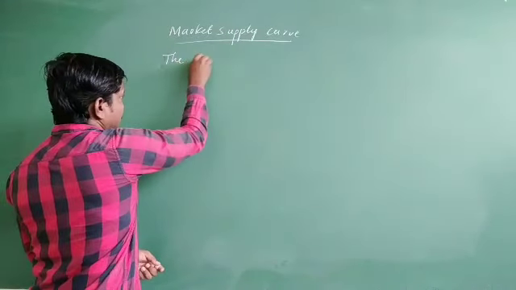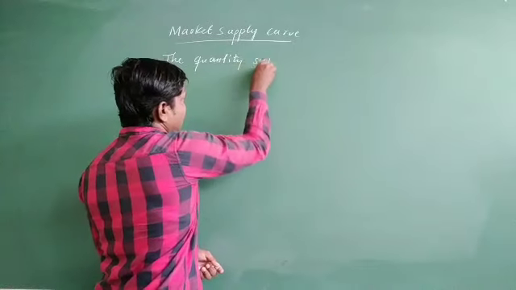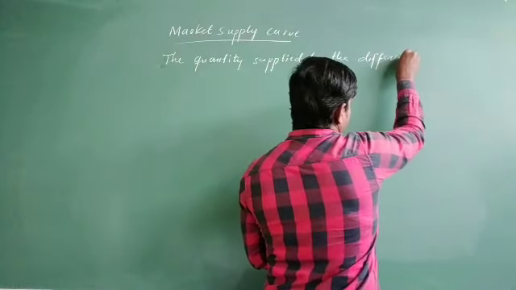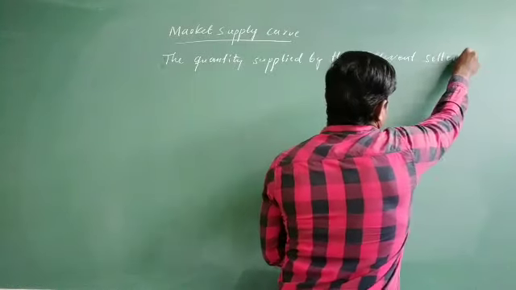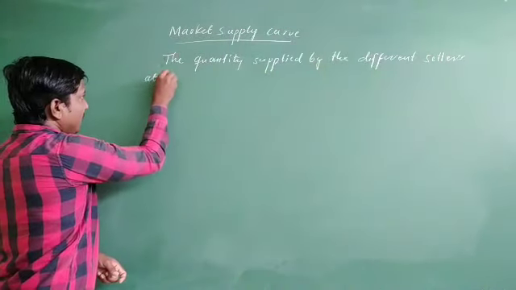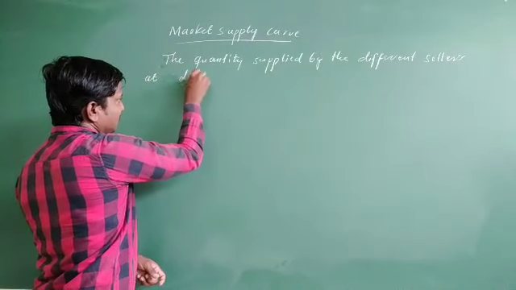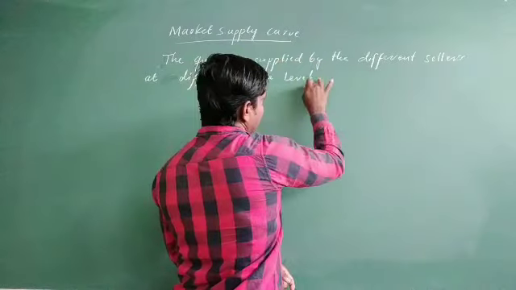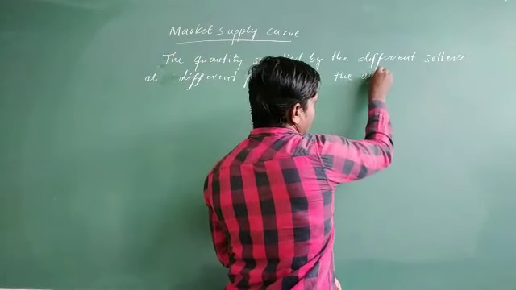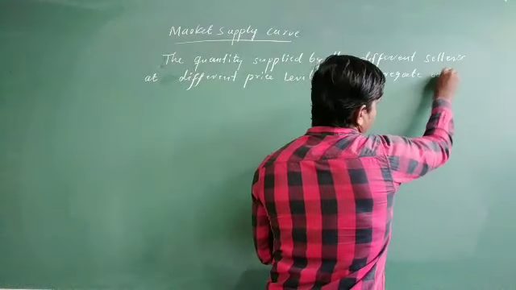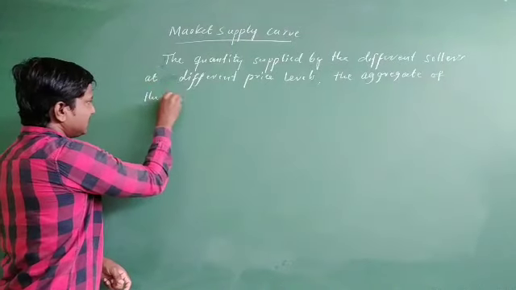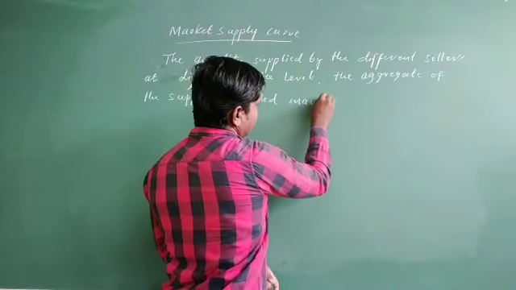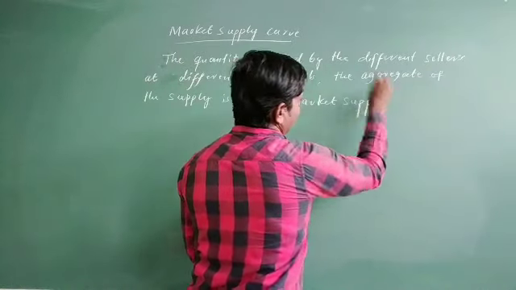the quantity supplied by the different sellers at different price levels, the aggregate of the supply is called market supply.